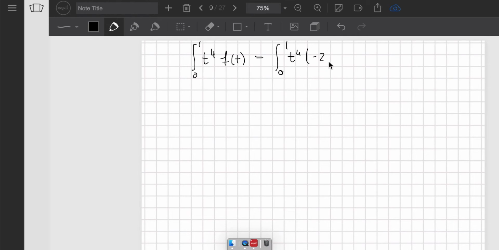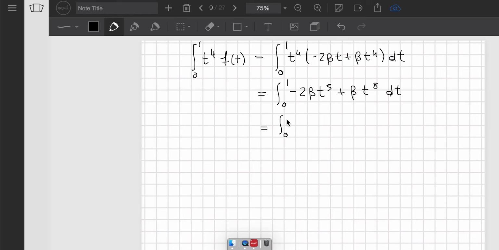So negative 2 beta t plus beta t to the 4th dt. Okay, this is equal to the integral from 0 to 1 of negative 2β t to the 5th plus β t to the 8th dt.